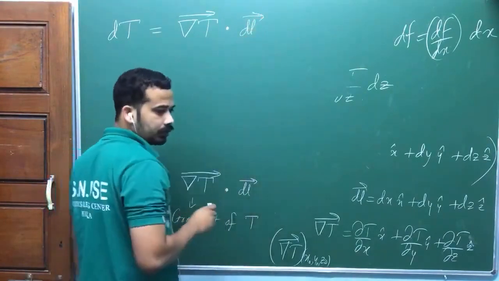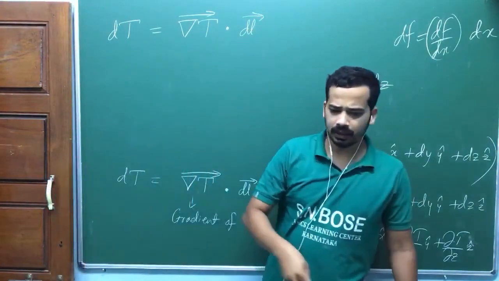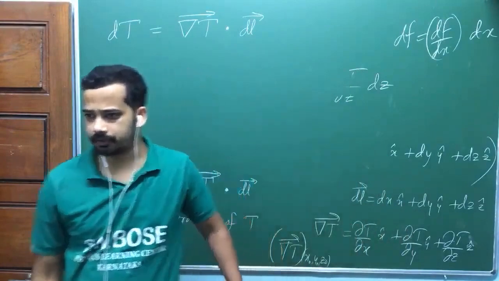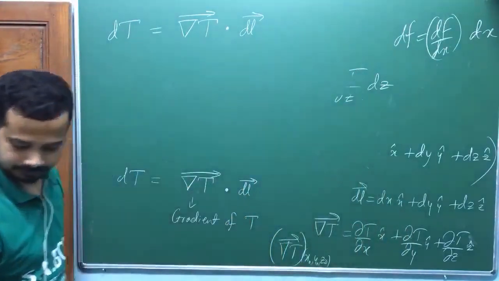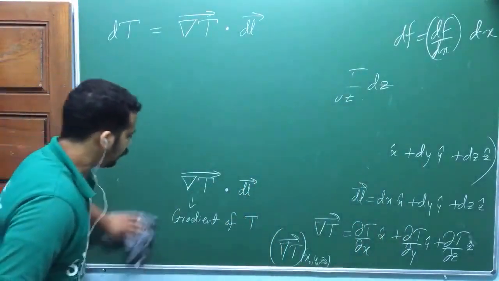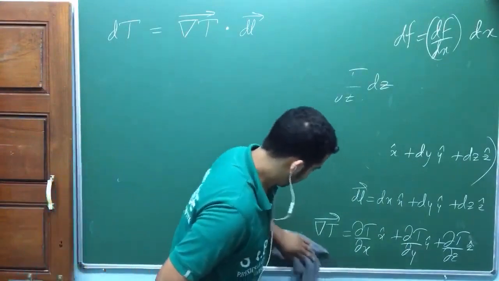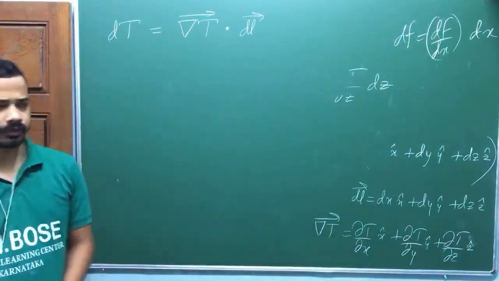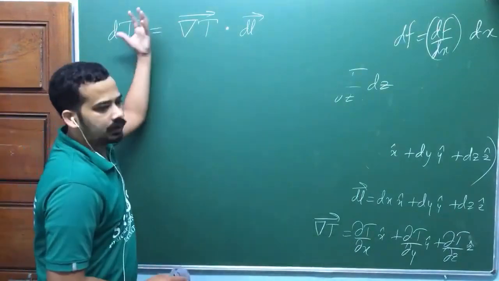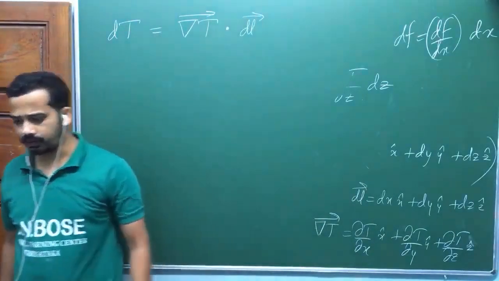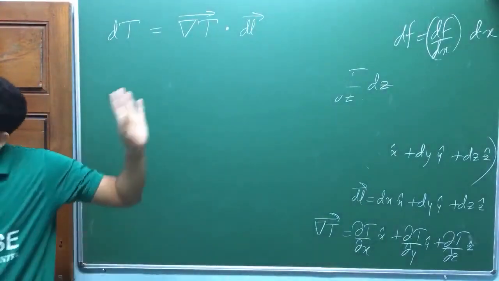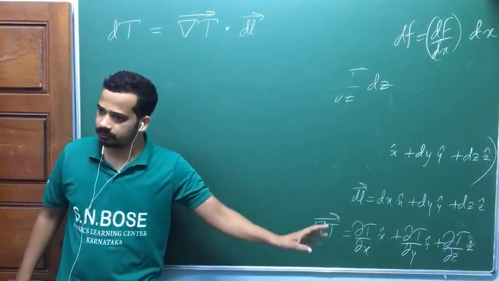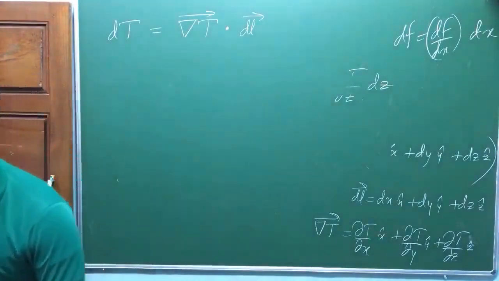This dl vector is along our displacement. Sir, this dot product is like projection on the field. Obviously, dot product is defined as projection only. Projection of dl on del T or del T on dl, whatever. Yeah, that's correct. It is the same dot product, the scalar product.